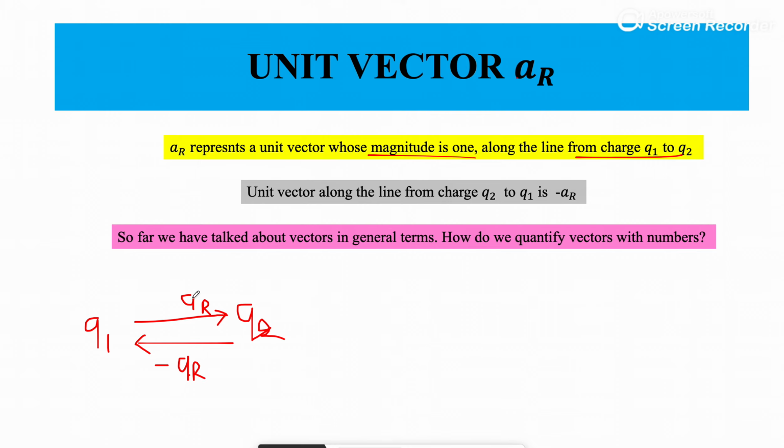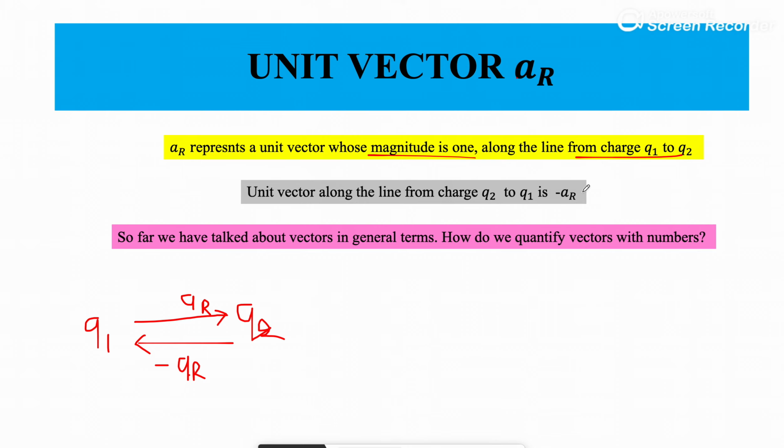This part is hopefully very familiar to you. The vector along the line from Q2 to Q1 is minus aR, and the vector along the line from Q1 to Q2 is aR. So far we have talked about vectors in general terms.